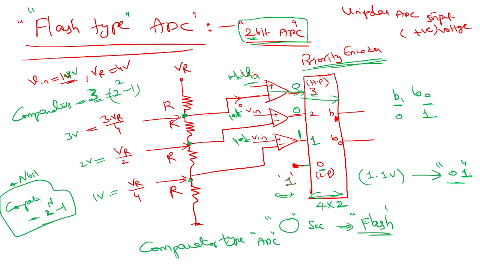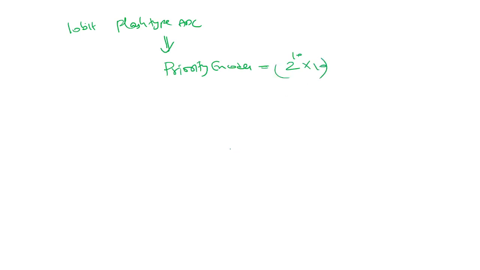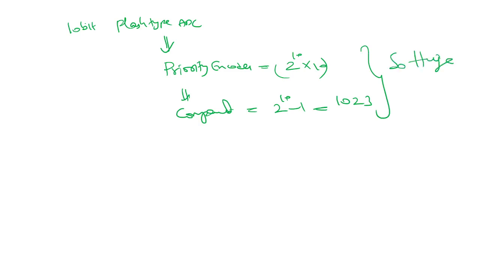If you want to build a 10-bit flash type ADC, your priority encoder should be 2 power 10 by 10. Then comparators would be 2 power 10 minus 1. This is 1023. So huge, bulky.